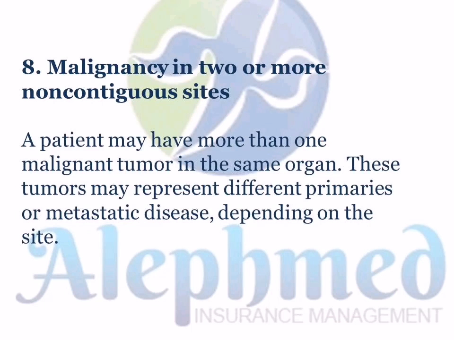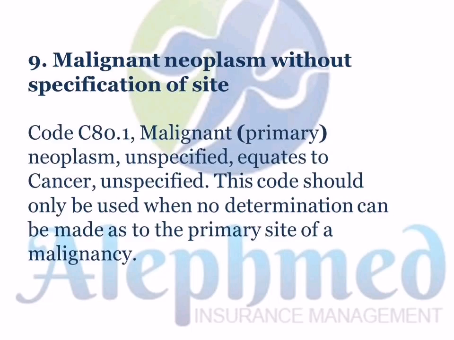If it is metastatic, then we can assign any particular place and any malignancy as a primary diagnosis, irrespective of the site. We can choose any one of the parts as a principal diagnosis and the other one as a secondary diagnosis. There is no such rule that this should be primary or secondary.